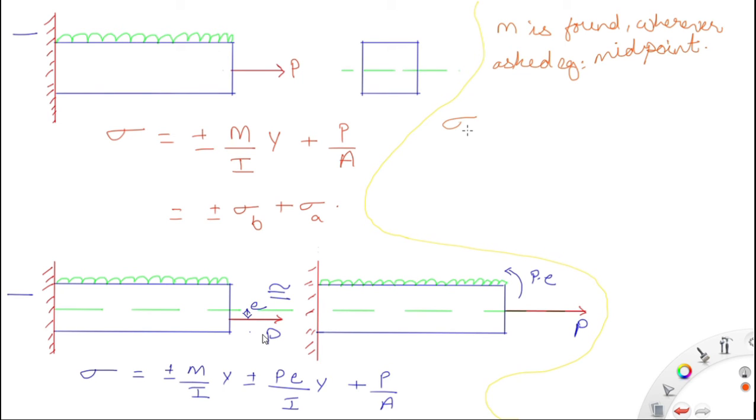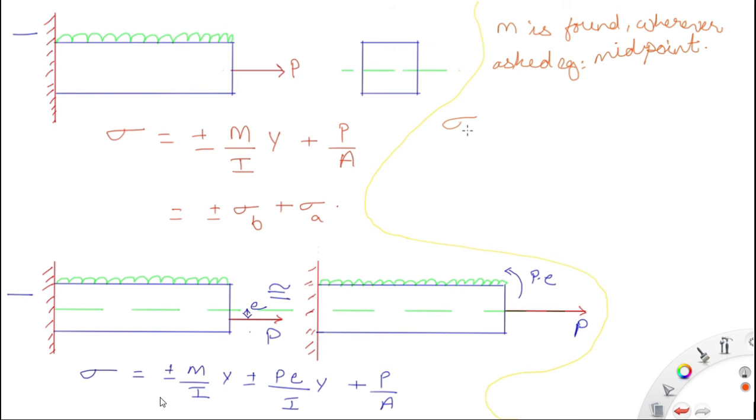So this can be made into this diagram, that P has been put in the mid portion, along with the moment that has been induced by the eccentricity. So this is the bending moment induced due to P. So finally we have combined stress is equal to bending stress due to P into E plus the tension force P by A, the axial stress of tension.